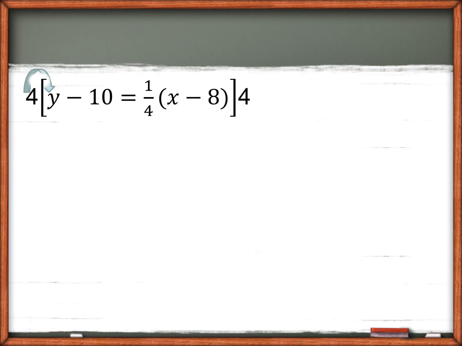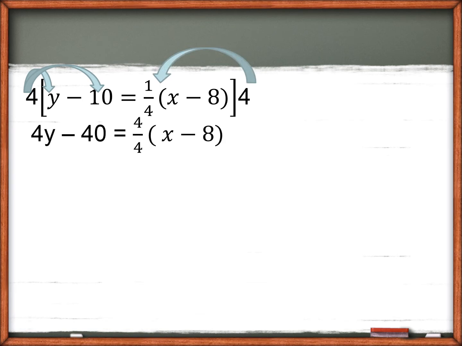We will distribute 4 to y, to negative 10, and to 1/4. And the result is 4y minus 40 equals 4 over 4, quantity x minus 8. Simplifying further, we have 4y minus 40 equals x minus 8.